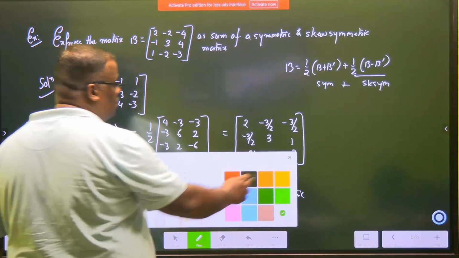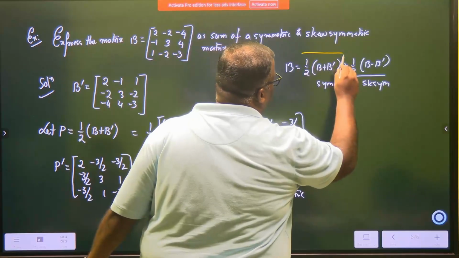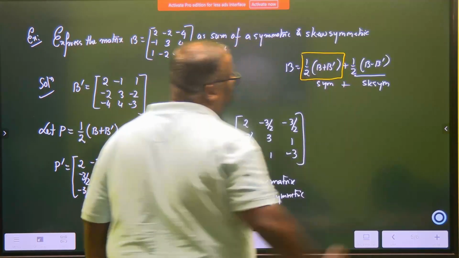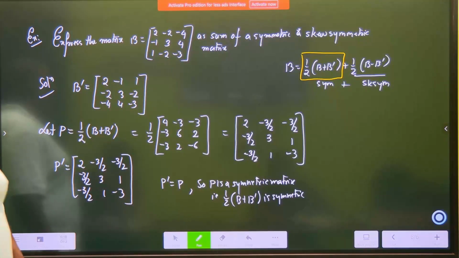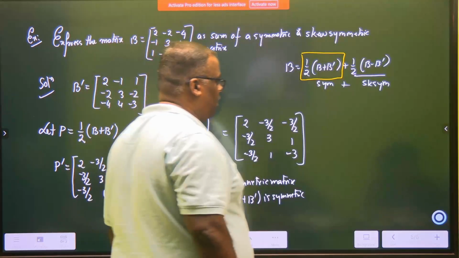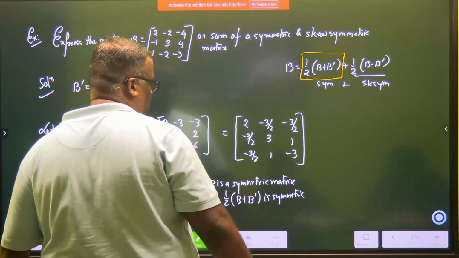And so far, how much have you done, Zoe? You have just done this much portion, that you have found that this is symmetric. Now you try to find out the skew symmetric part. So what do we write in skew symmetric?